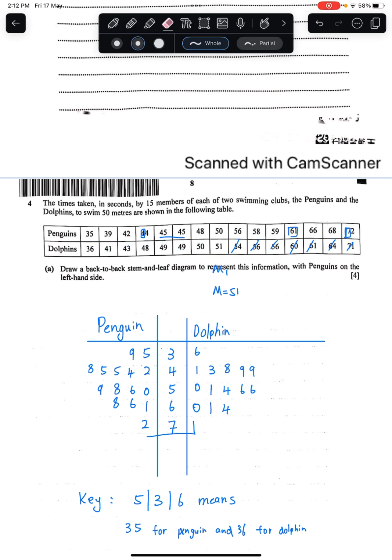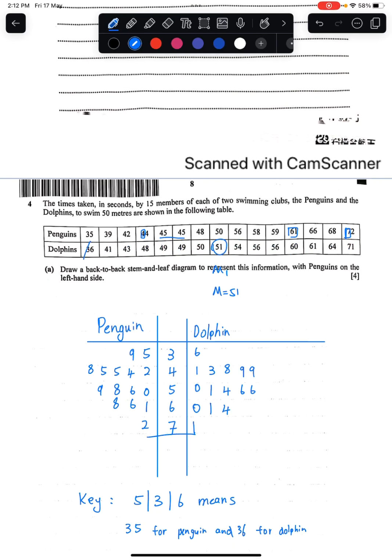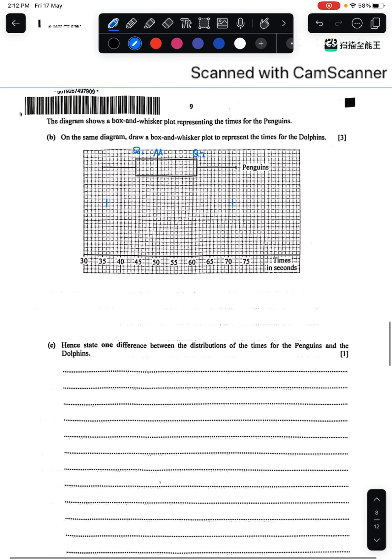Then we know Q1 is 48, and Q3 should be 60, alright, no issue here.